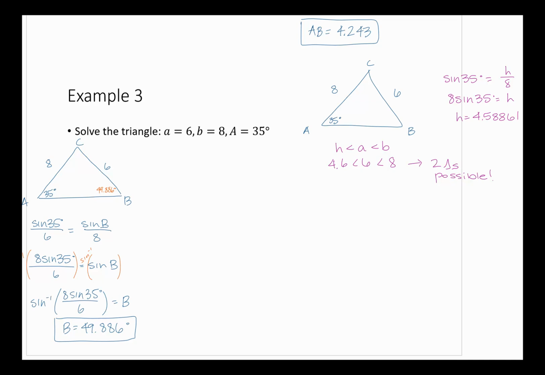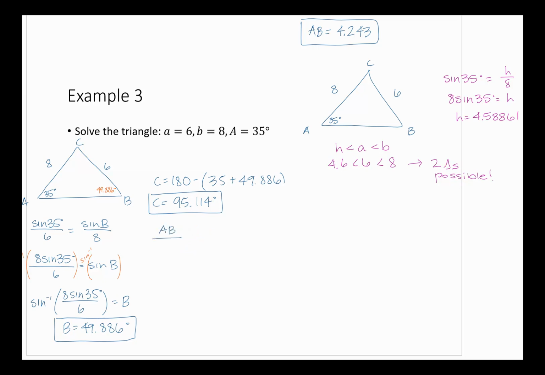So to find angle C, I take 180, subtract 35 plus 49.886, and so I find out that angle C is going to be equal to 95.114 degrees. And then to finish things off, I'm going to do it the other way because I'm looking for AB.